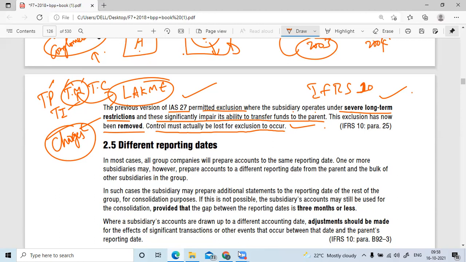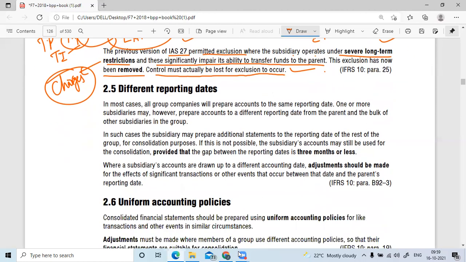All of you are following now? Yes, sir. Some restriction means some blacklisting of that company, or it is into production of some goods which are restricted. So this exclusion has now been removed. Okay. And control must actually be lost for exclusion to occur.